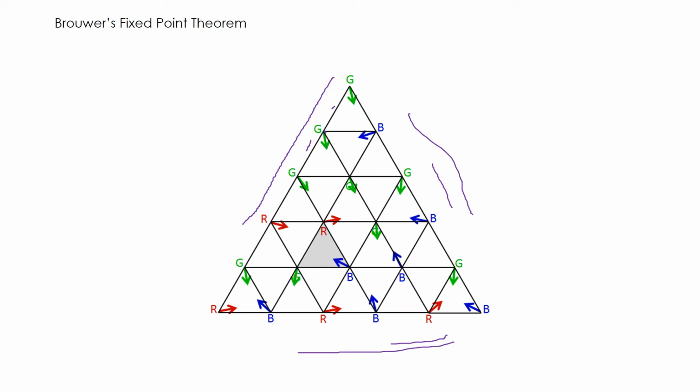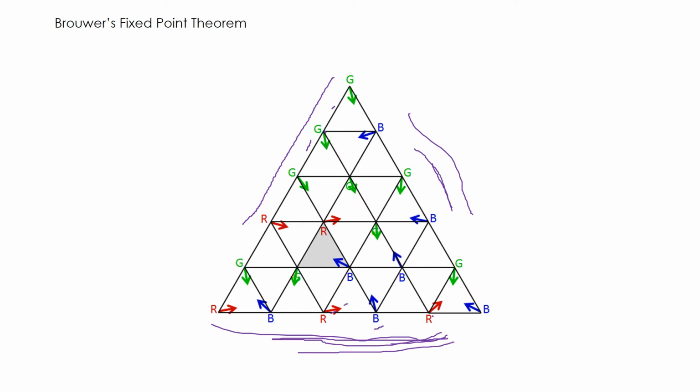Likewise, any vertex on this edge, the RB edge, can only be colored B or R. B if it's moving towards the RG edge, and red if it's moving towards the BG edge.